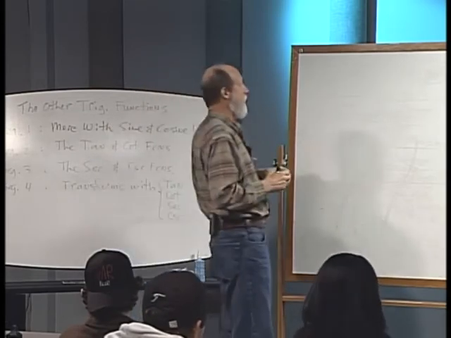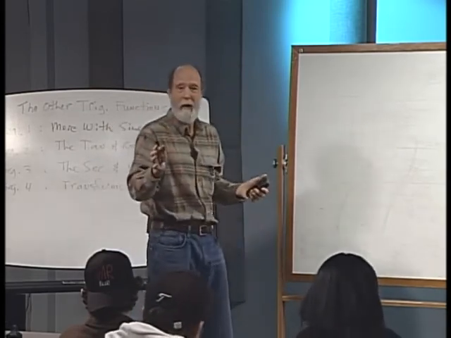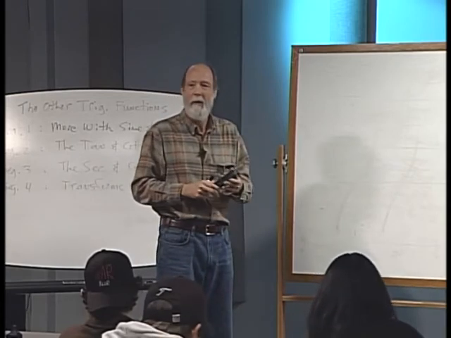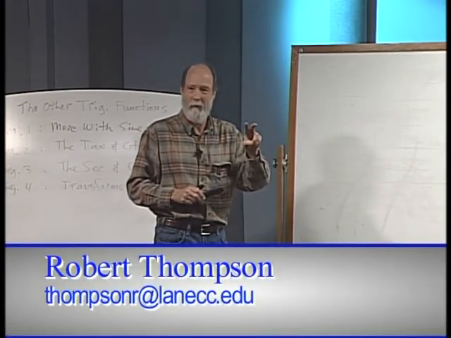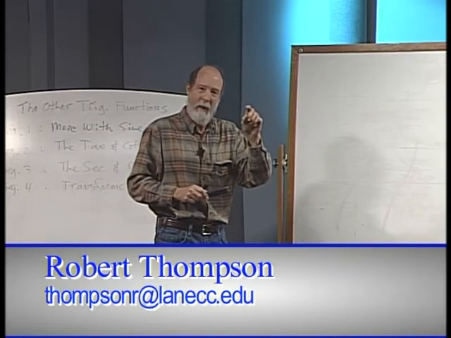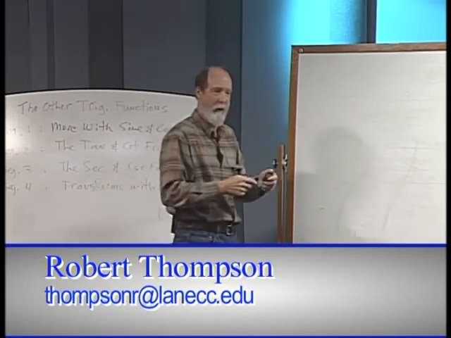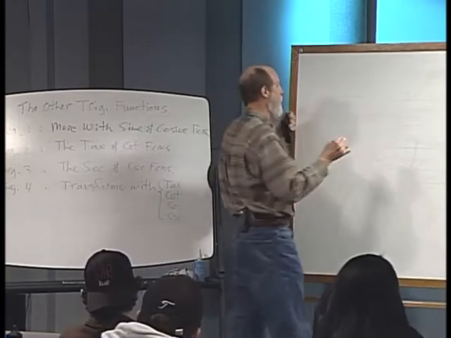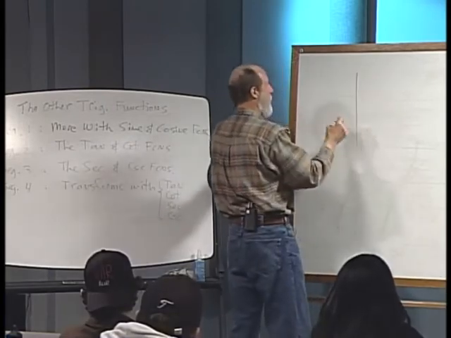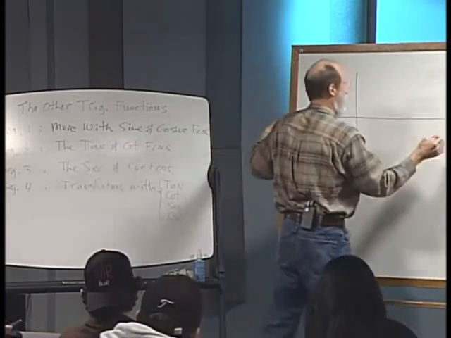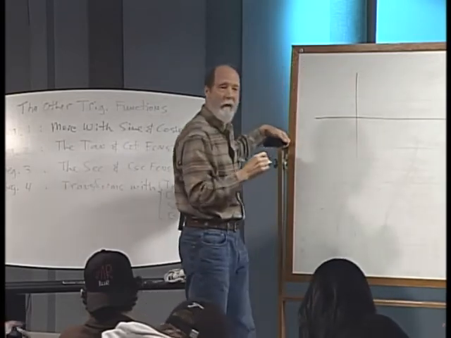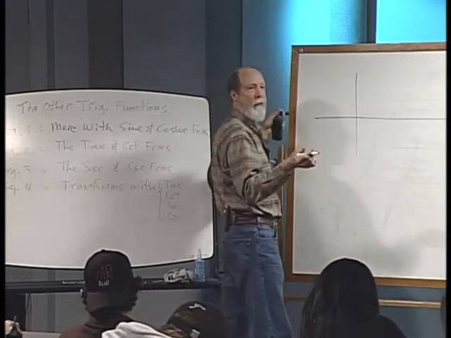Okay. So let's wrap things up today with this short segment here on the last 2 trig functions we want to get under our belt, the secant and the cosecant functions. And you're going to like this. It's going to be very simple and straightforward, if you know your sine and cosine. So let's just stay in the same order.